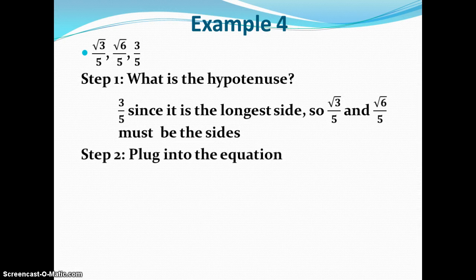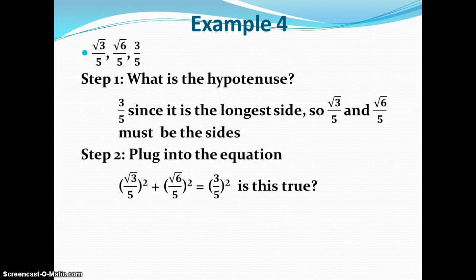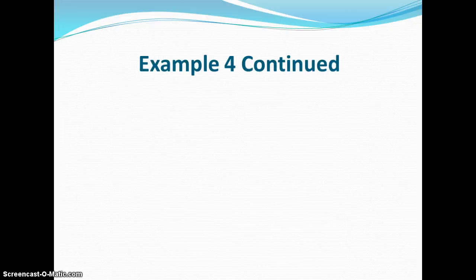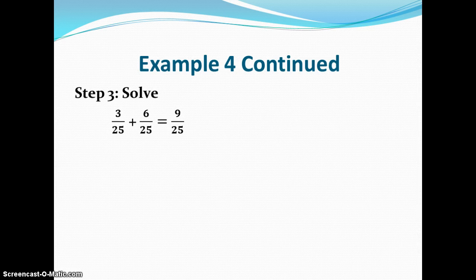So now we're going to plug it into the equation to get the square root of 3 over 5 squared plus the square root of 6 over 5 squared equals 3/5 squared. And we want to figure out, is this true? We're going to solve it. So 3 over 25 plus 6 over 25 equals 9 over 25.